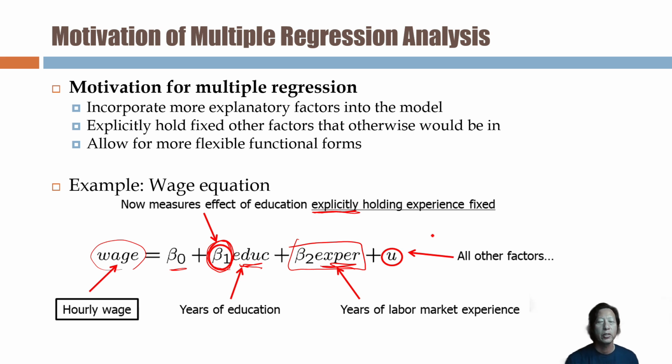If I increase education by 1 year, how much does the hourly wage go up or down? That is what beta 1 means. And beta 2 is, if we increase experience by 1 more year, how much my wage goes up or down, with all other factors fixed. Years of education is fixed, all other things stay the same, and I only change this variable.